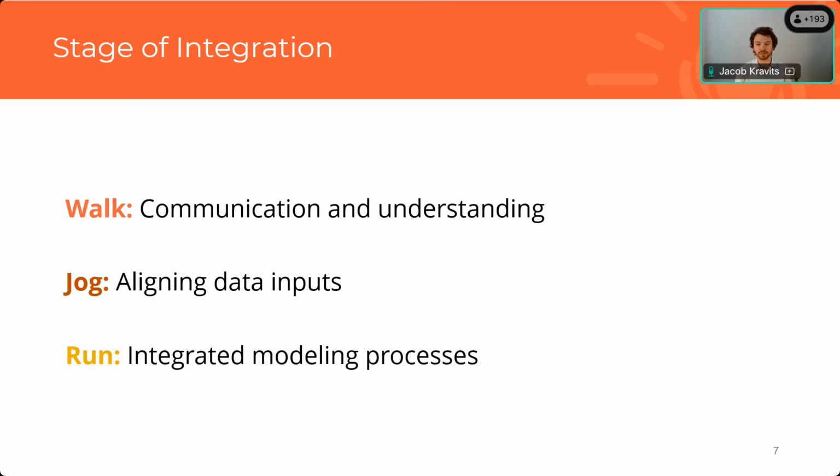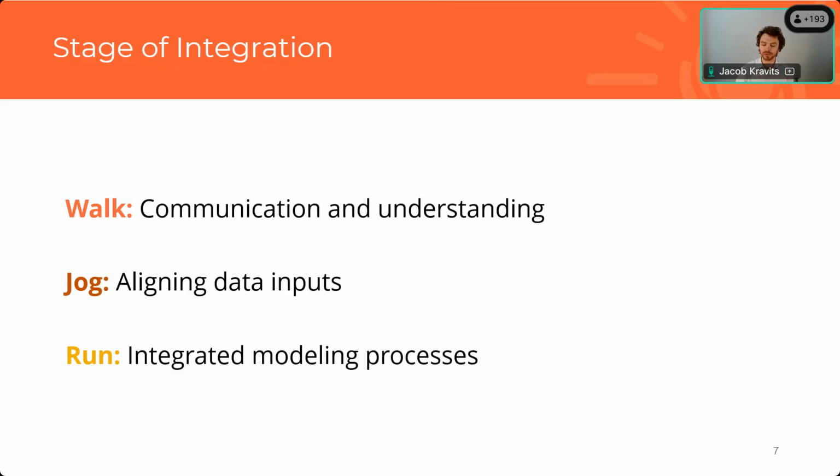Now, as Aaron motivated, we take this walk, jog, run approach. So in interviewing a lot of the different planners and from our task force discussions, we really came to the understanding that integrated planning is really a spectrum, right? And Aaron motivated this in the previous presentation. But when we talk about walk, jog, run, we're talking about in the walk phase is about communication and understanding.